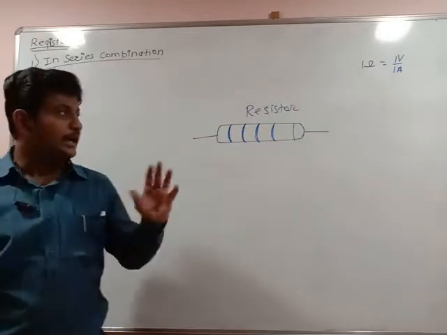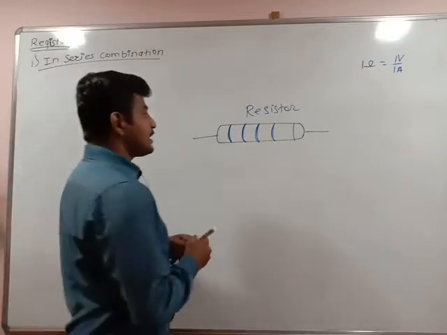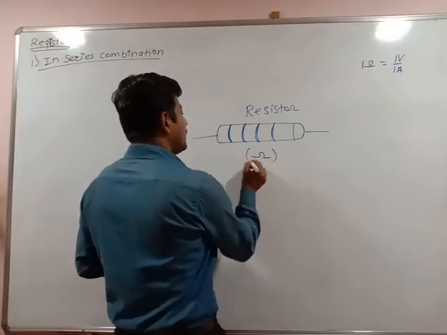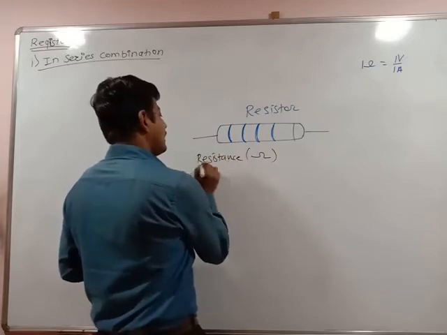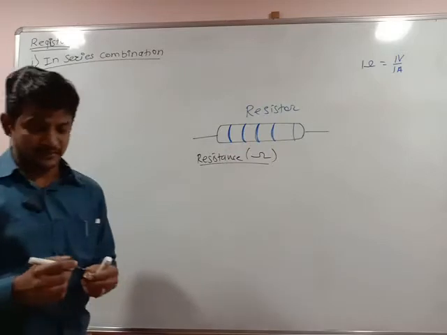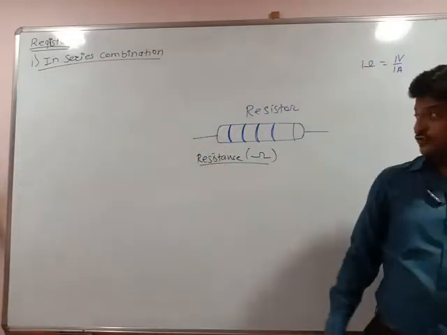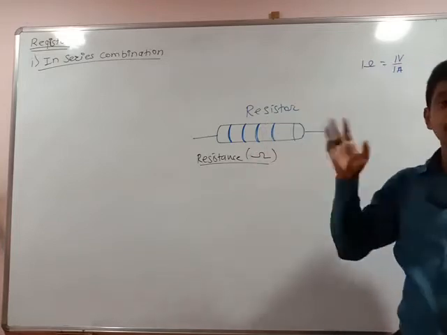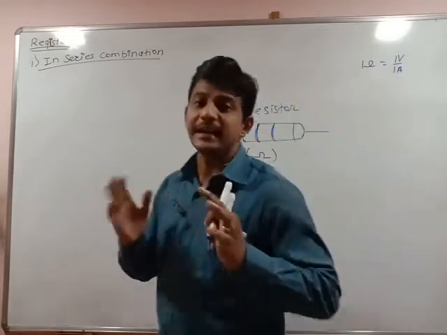So, to control the current, there is always a use of a resistor of a particular resistance in ohm. Resistor is different from resistance. Resistance is the characteristic and resistor is the device. Resistance is the characteristic of the particular resistor. So this is the device which is used to control the current across electronic and electrical devices.